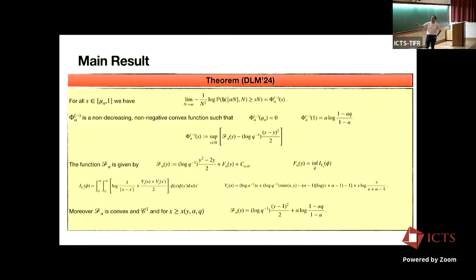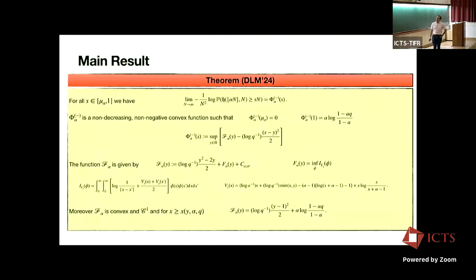In this case, the potential is C0 but not C1 because we have a minimum function, a piecewise linear function. This function f is itself convex, is C1 but not C2, and is asymptotically a parabola. So these are a few pieces of information that I described.